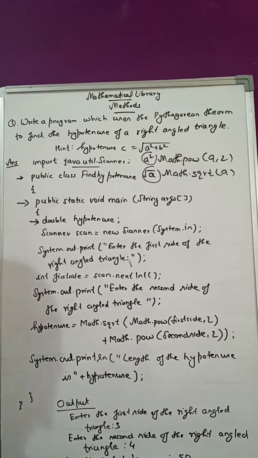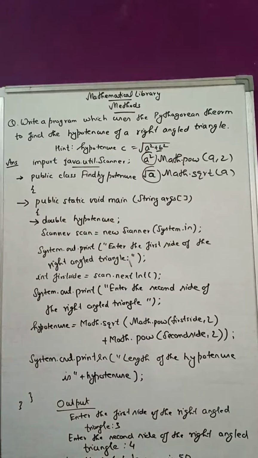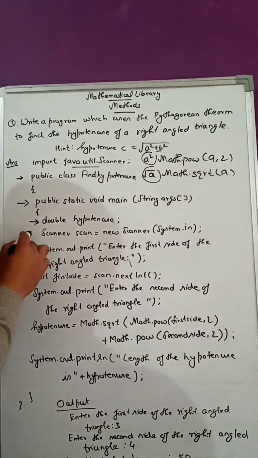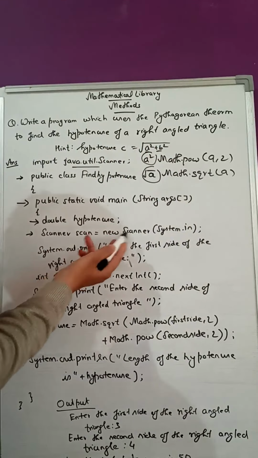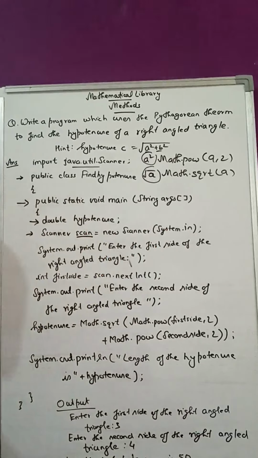In the next step, because we need to take the value of the first side and the second side, that is a and b, we need to declare a scanner class, right? For that we have written the statement scan equal to new Scanner(System.in), and scan is the object. Now after this you need to enter the values for the two sides.